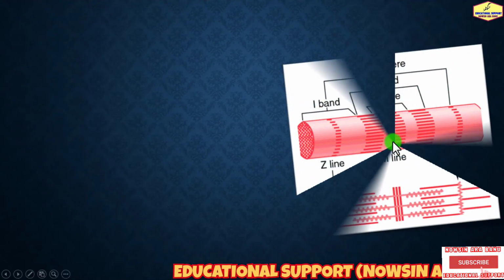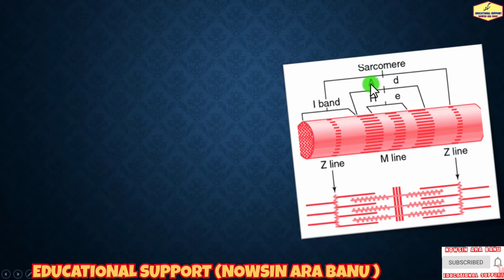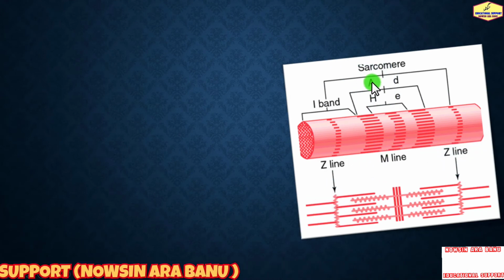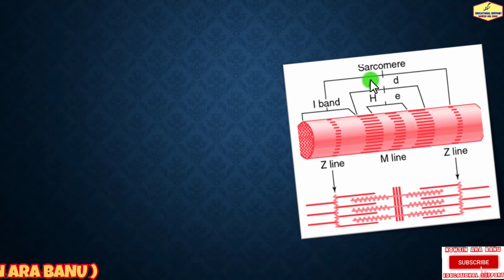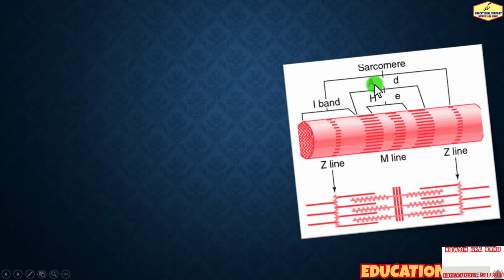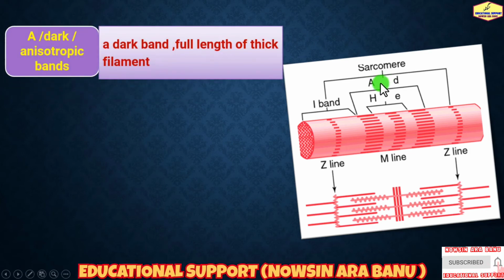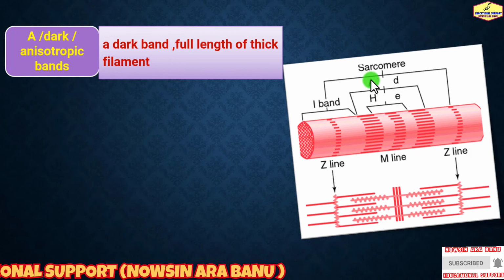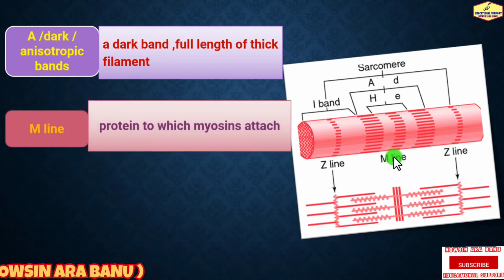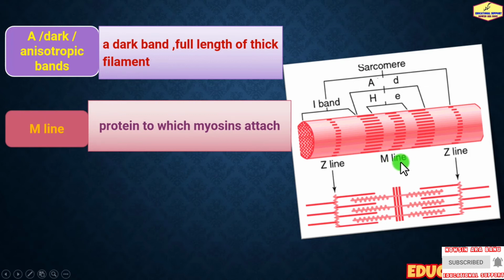So, first is the A band or dark band or anisotropic band, which is a dark band the full length of the thick filament. M line. The M line is the protein to which myosins attach.